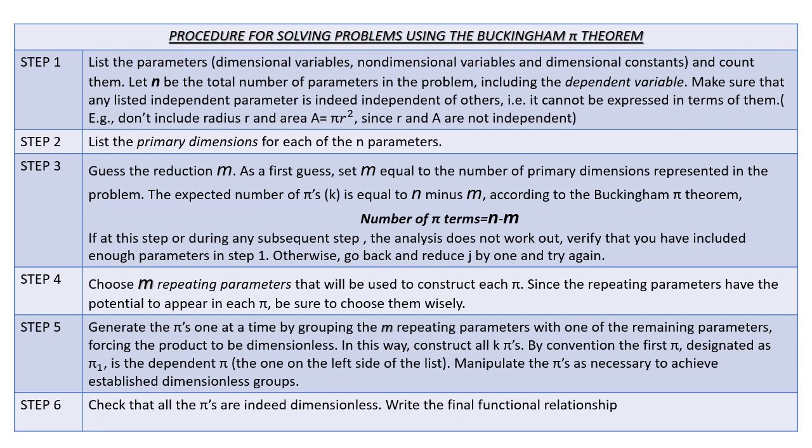What does n refer to here? n is the total number of variables, and m is the number of primary dimensions that we have considered. In most cases m is equal to 3. So our pi terms will be n minus m. Once you identify the number of pi terms, the next and very important step is choosing repeating parameters.